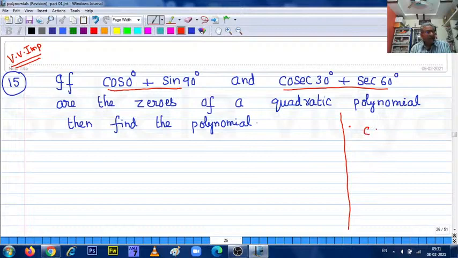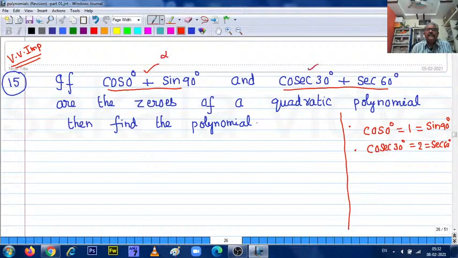See, cos 0 degrees is equal to 1. Even sin 90 is equal to 1. Cos 0, sin 90 both are same. Next cosecant 30 is equal to, don't worry, 2. Even secant 60 also 2. So first we should know this one. So let us say this is alpha and this is beta.